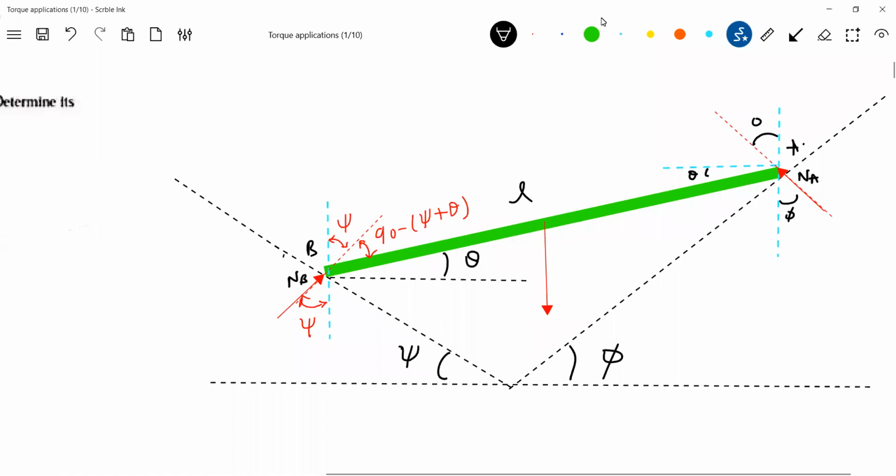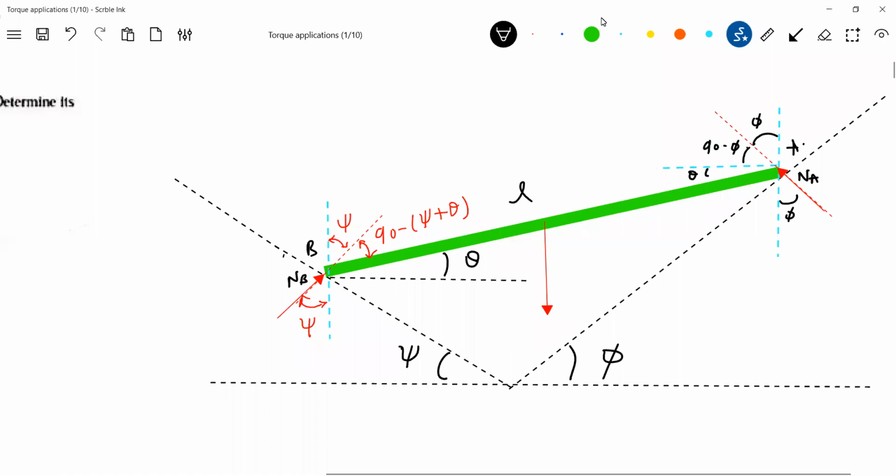Let's go for the angle. This angle should be phi. So 90 minus phi. I think the rest you can manage here. So fine, this is about the diagram.